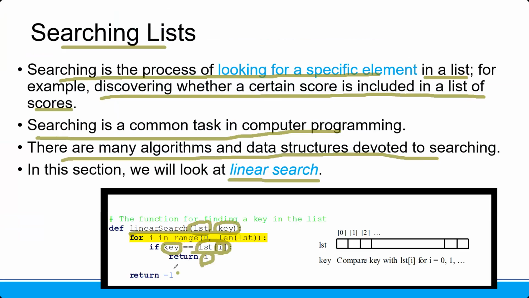If not, then return -1. It means if I find any element in the list that is equal to the key, please return the index. If I cannot find it, just return -1. Why -1?